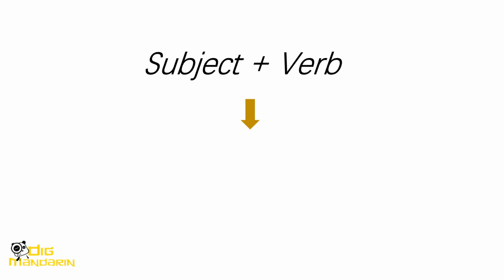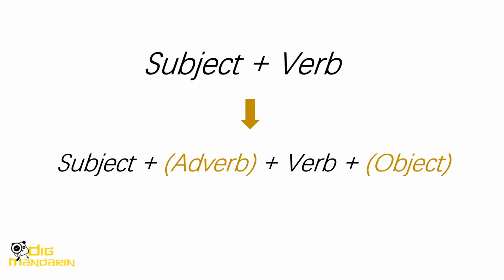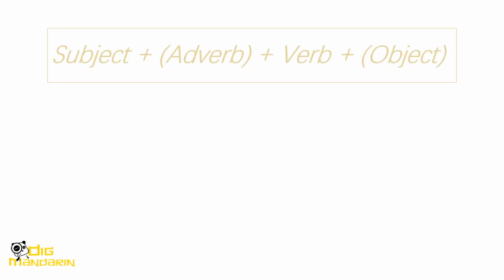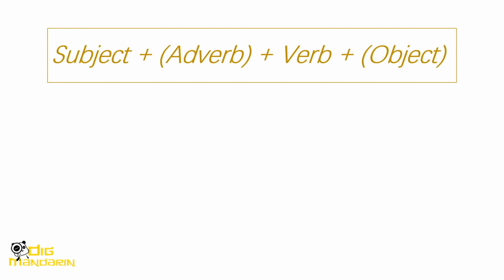And in this structure, we can also use other adverbs to modify this verb or put other objects after it. If you want to make a negation form, you will put 不 or 没 before the verb. Now let's see some examples on how to use it.